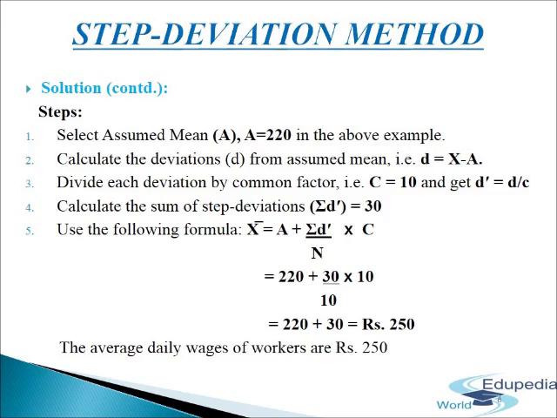In the place of A, we will write 220 plus sigma d dash, we got 30, divided by 10, that is the number of observations, and in the place of c, we will write 10 as the common factor. After calculating it, we will get 250 as the daily average wage of a worker. This is how we will calculate mean with the help of the step deviation method.